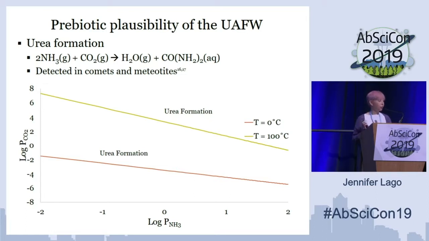The red line at the bottom is when the temperature is at 0 degrees. Anything above that, you're going to create urea. And then I also plotted it at 100 degrees C, and you can see that you would have urea formation up there. So we were satisfied that urea itself would probably have been available in a lot of different geological settings, just made out of the atmosphere.